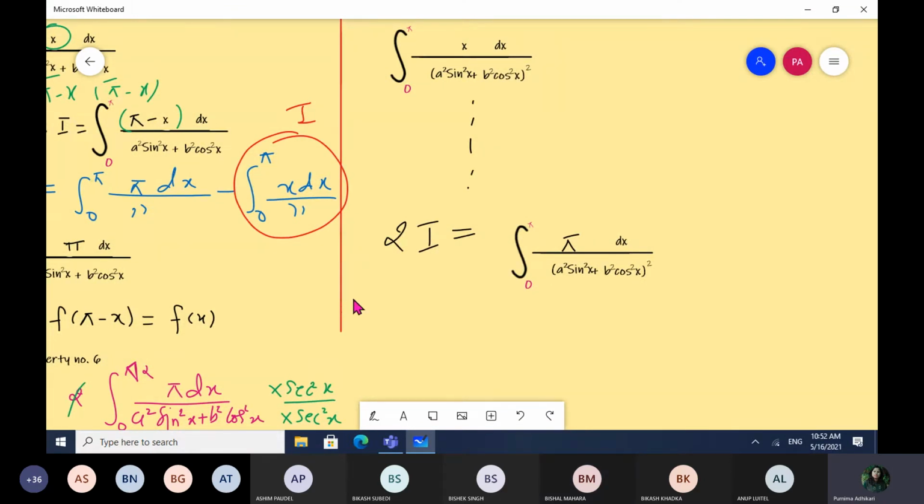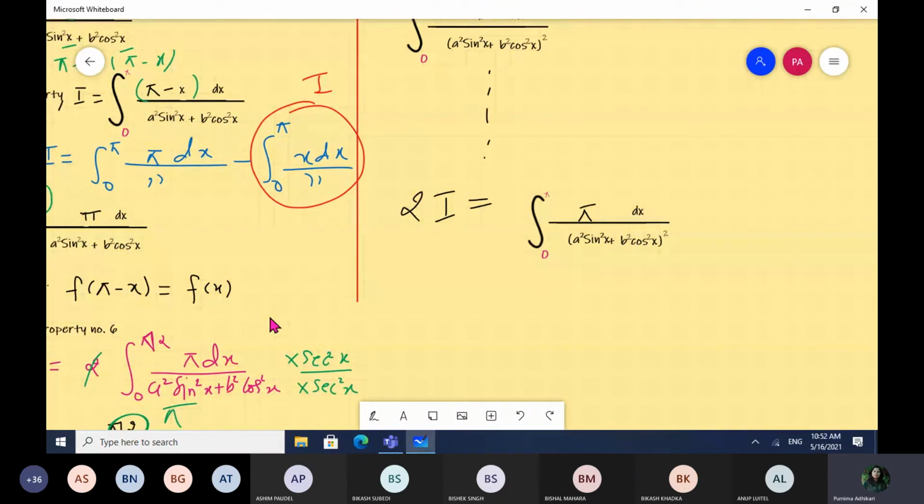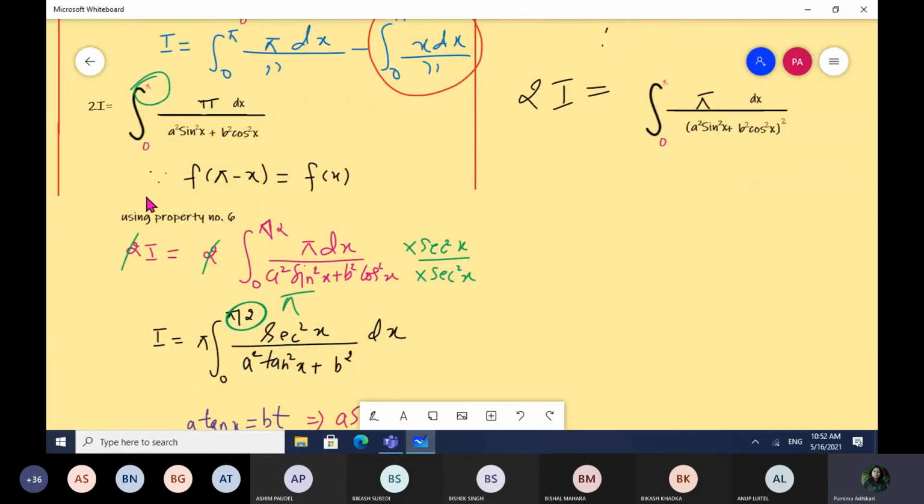Now what? Same steps. You are now going to use property number 6 here also. If you don't change this limit of integration, you will face a problem. So that is why here also we have to change the limit of integration from 0 to pi to 0 to pi by 2.